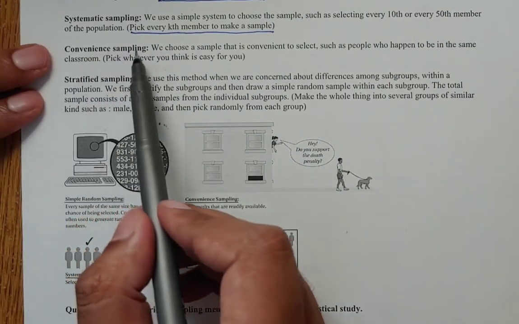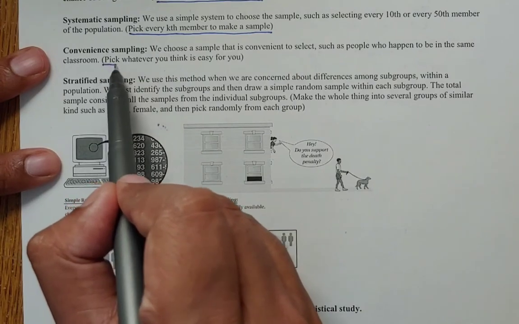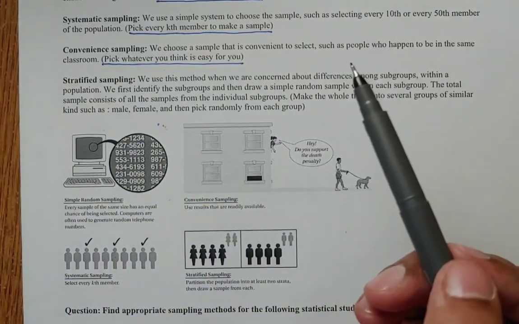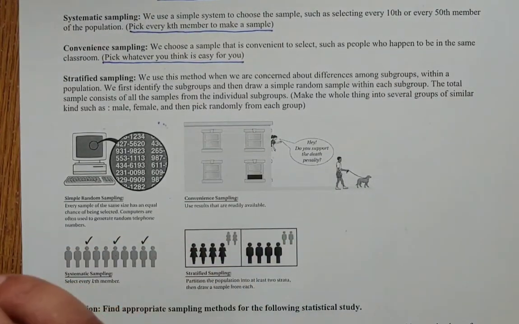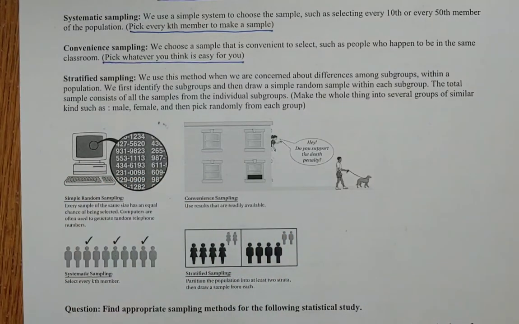Convenience sampling is pick whatever you think is easy for you. Choose the sample whichever way you like, right? For example, let's say I want to get a sample from all students from the college, about their midterm grade.